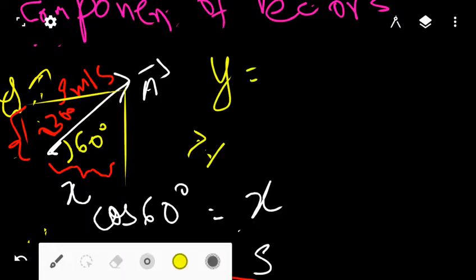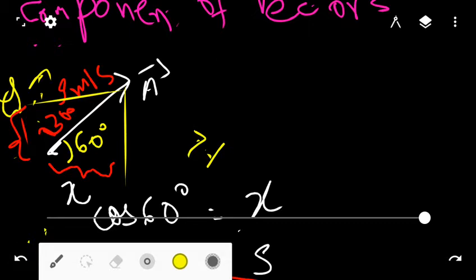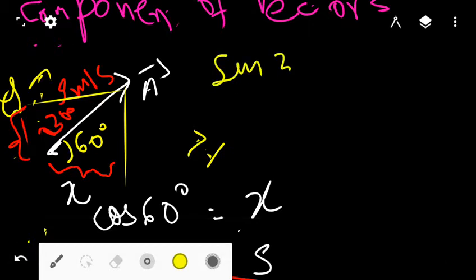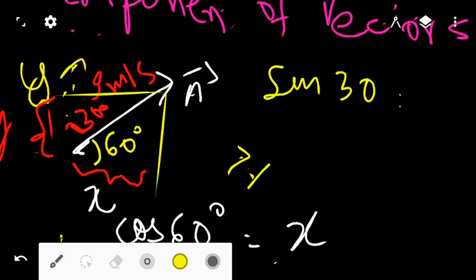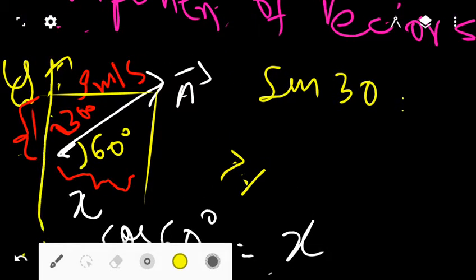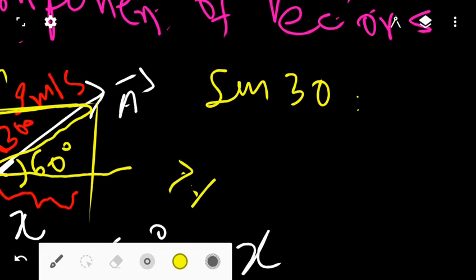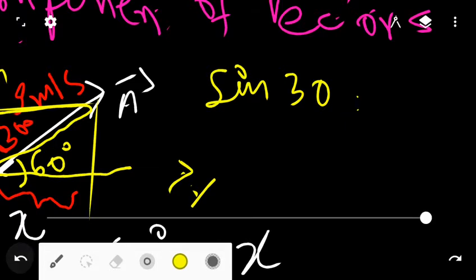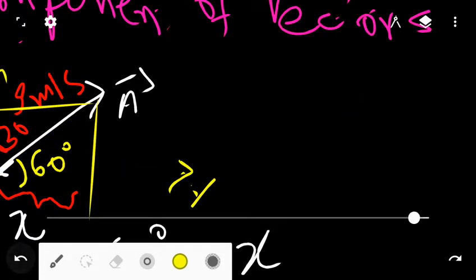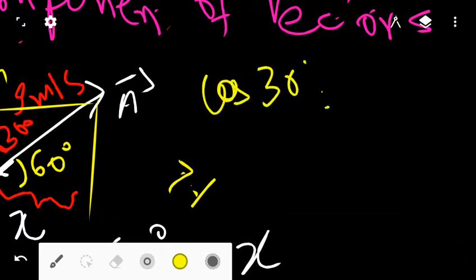Y will be, let me first, okay, so sine 30 in this triangle, sorry, not sine 30, what am I doing, cos 30 will be equal to the base, that is the y component, over the magnitude of this vector.